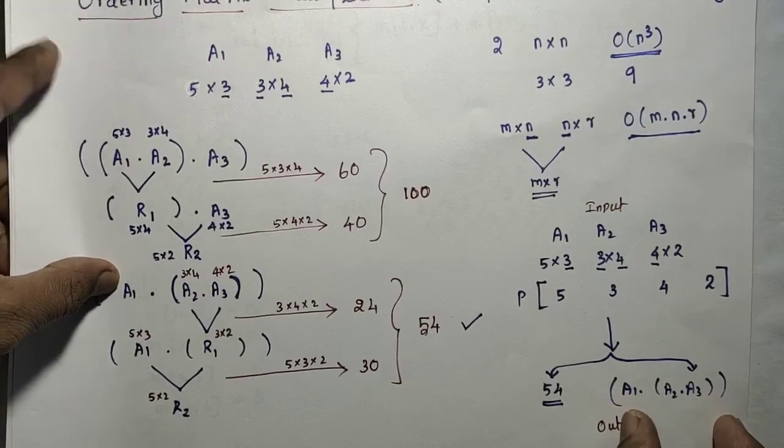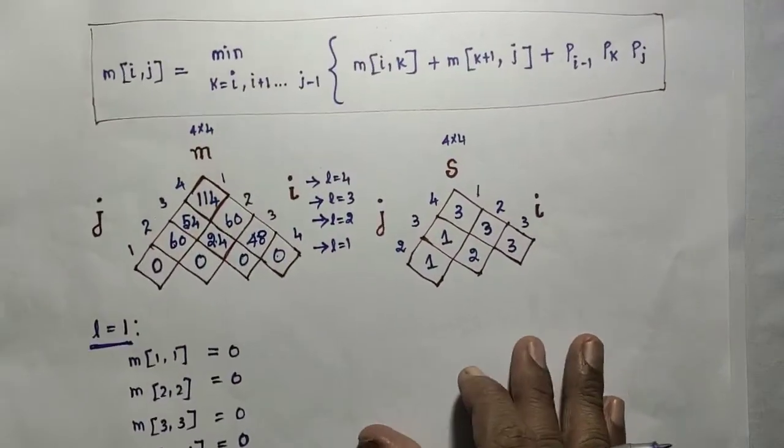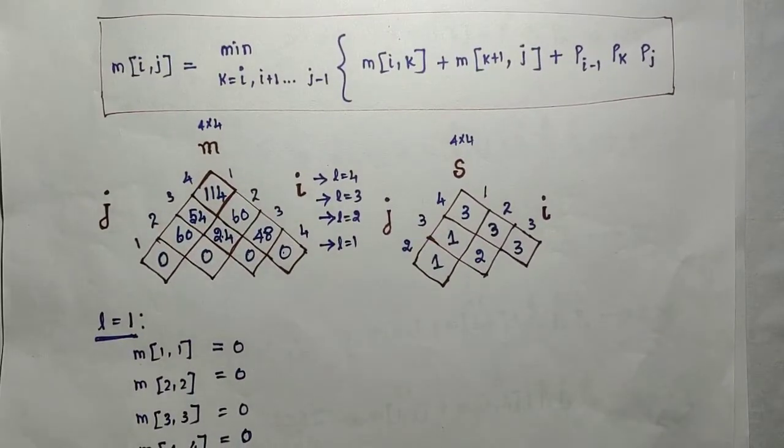To produce that output, we are maintaining the table called S. We are going to write another algorithm.